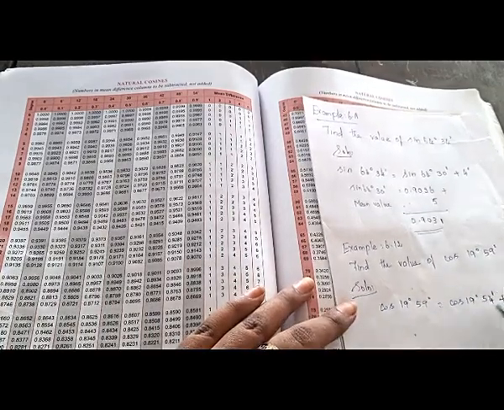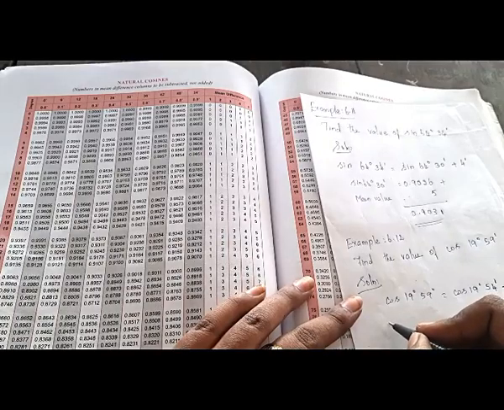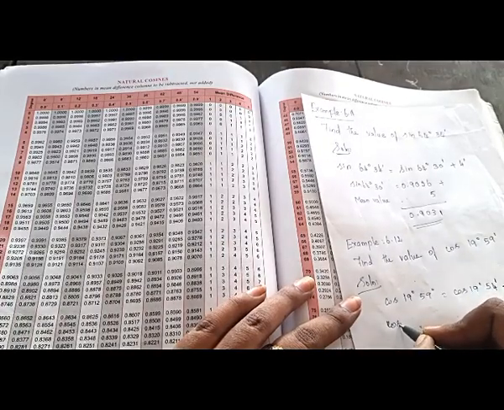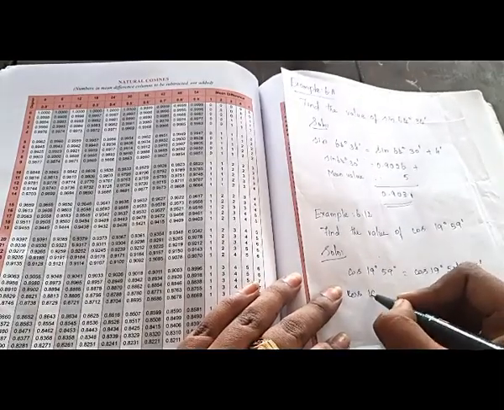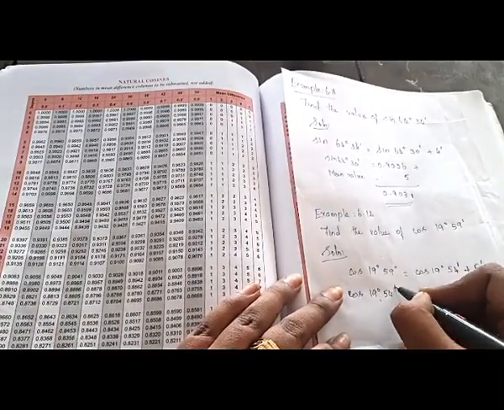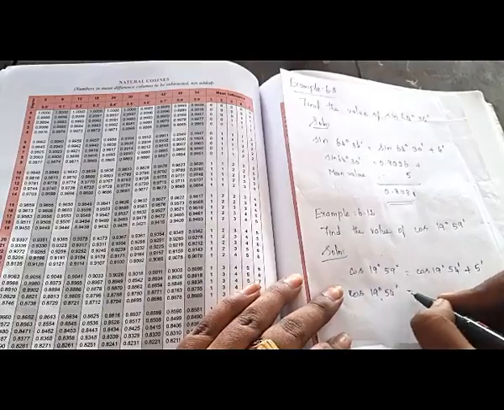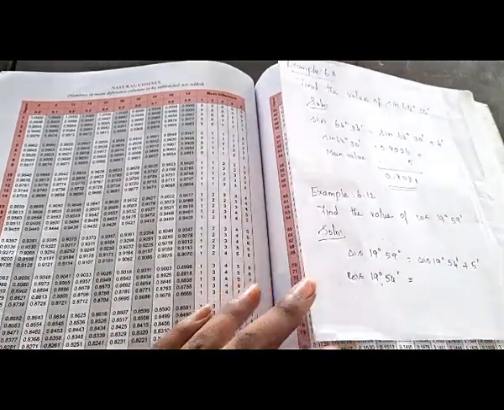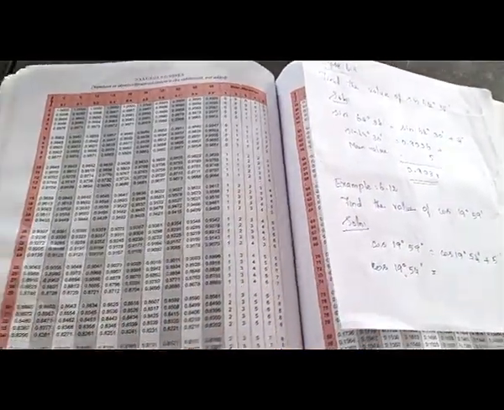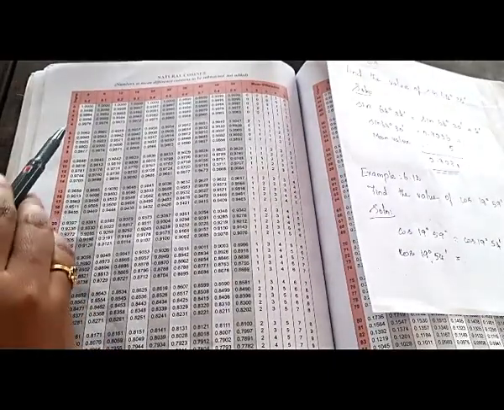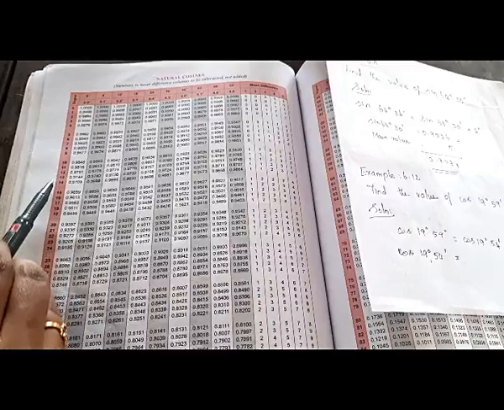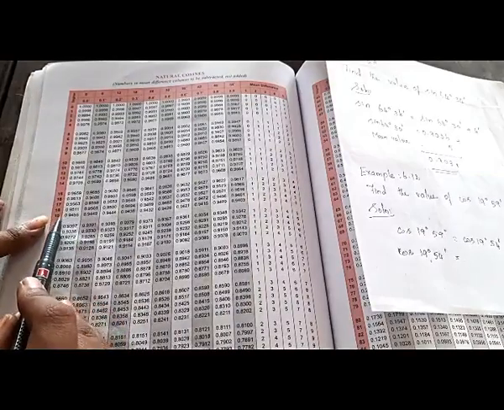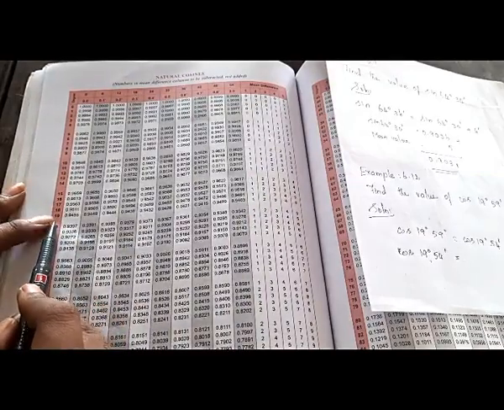Now take this value and find out the value. Cos 19 degree 54 minutes is equal to, how can you find the value? Listen. It is the table, degree. It is 19 degree. Then where is 54?